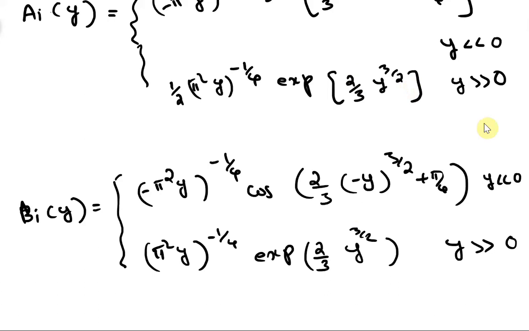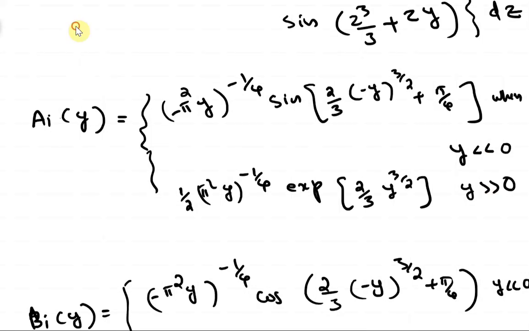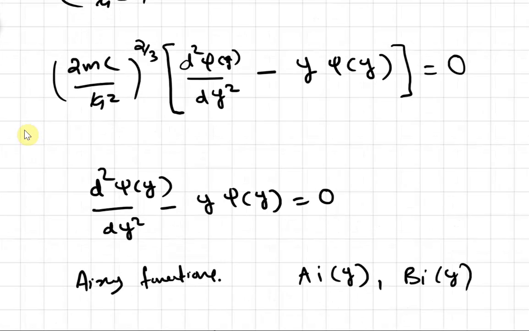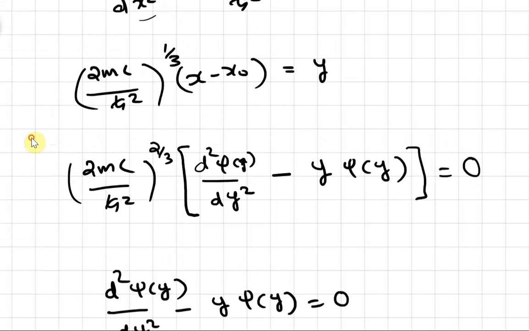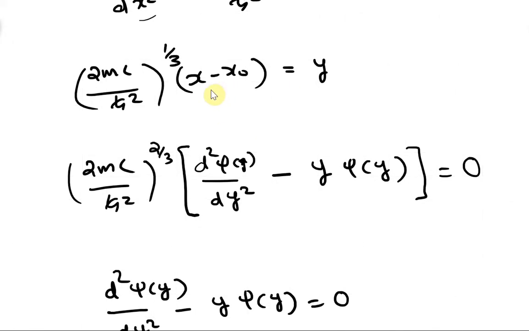Okay, so what is our y actually? How do we define our y? Y can be any region on x minus x naught. When x minus x naught is positive, that means y is going to be positive.